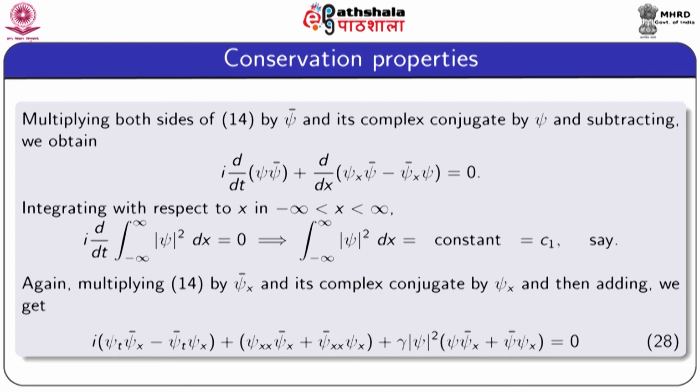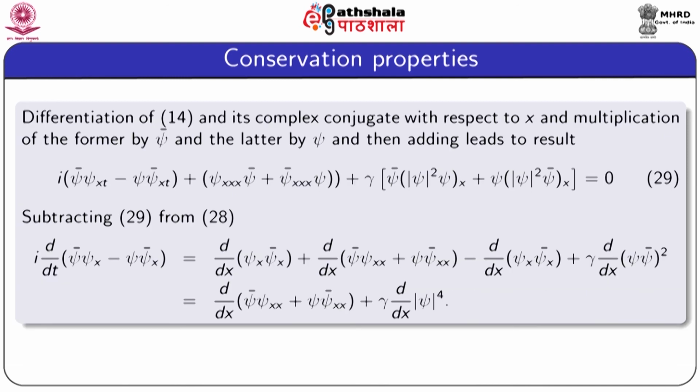To find another integral, we multiply equation 14 again by psi x bar and its complex conjugate by psi x, and then adding we get equation number 28. Now, we differentiate the standard nonlinear Schrodinger's equation, that means equation number 14, and the equation for its complex conjugate with respect to x.